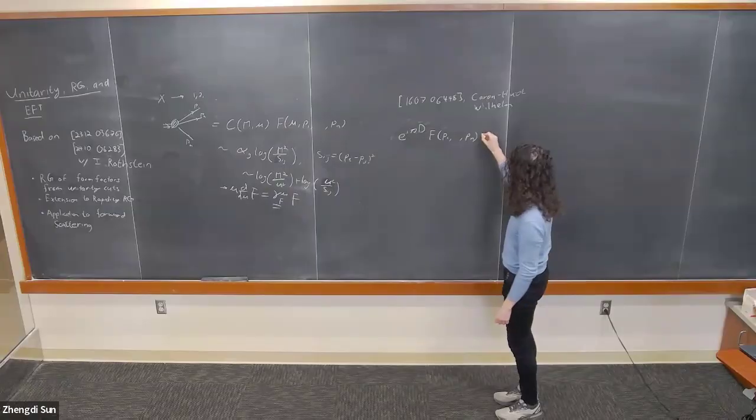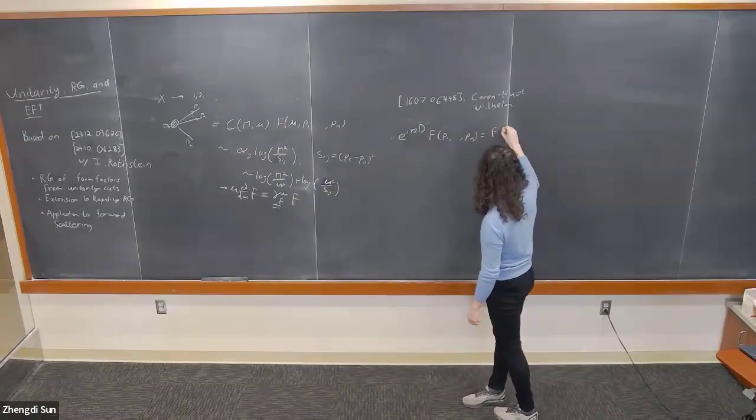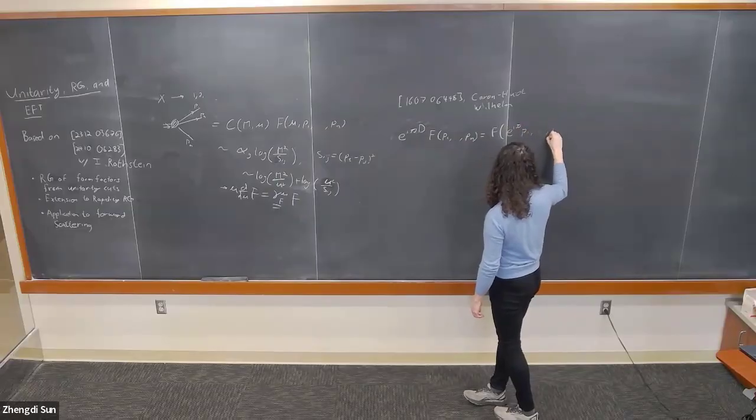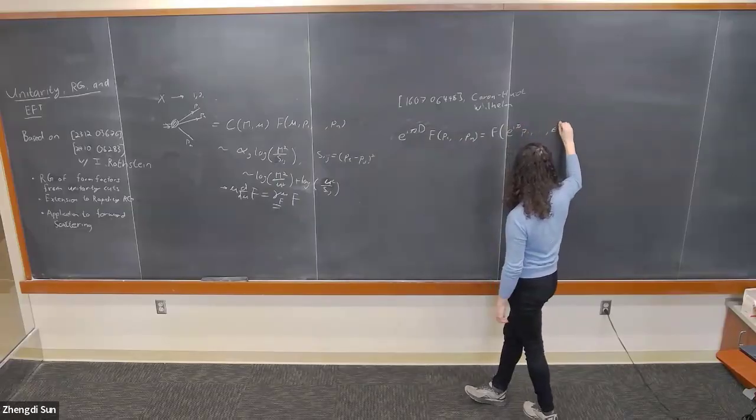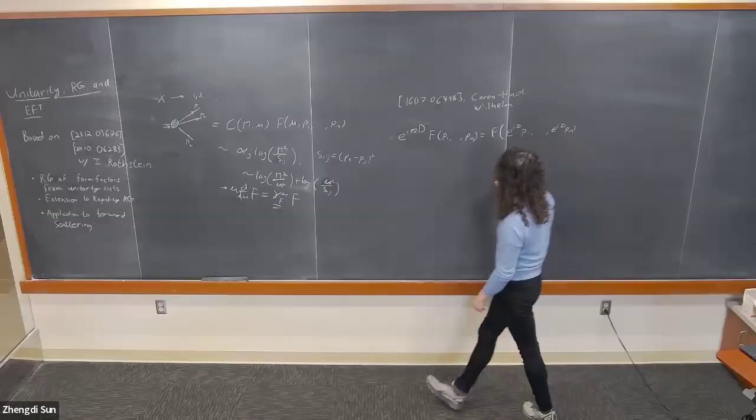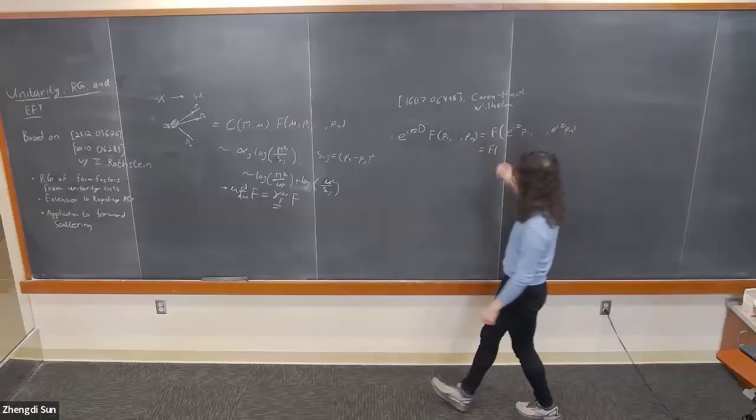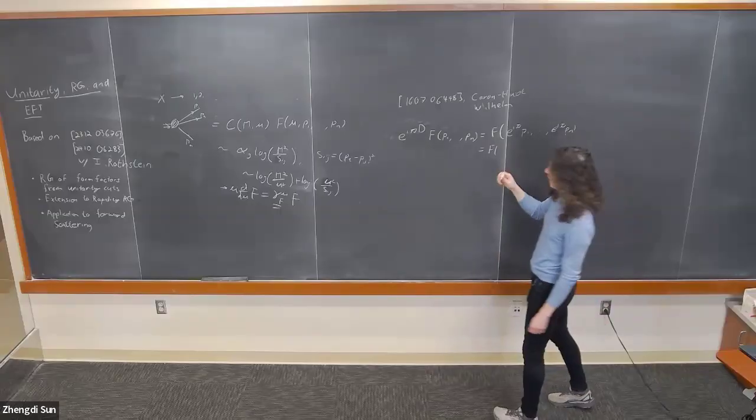And essentially what this does is it rotates all of our momenta, so that it essentially takes pi to minus pi.